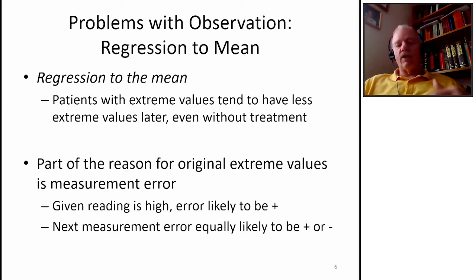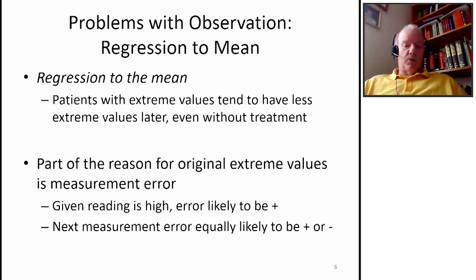Given that you had a high reading, the amount of error is actually likely to be greater, and it's likely to be positive. In other words, the error in reading cholesterol tends to give a high reading if the person had such a high reading.